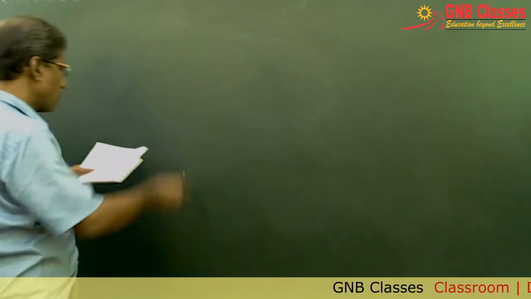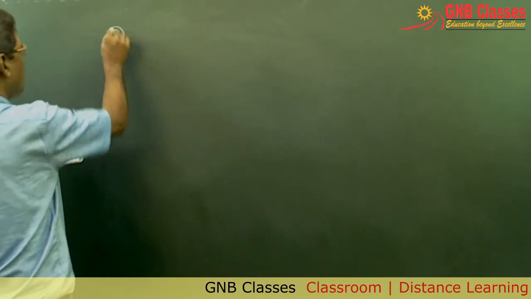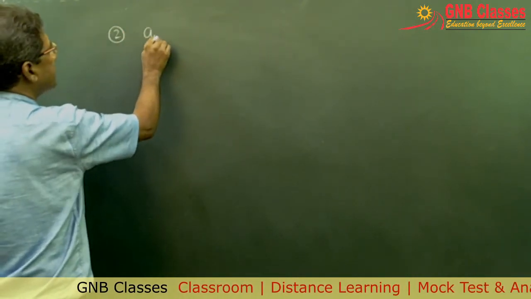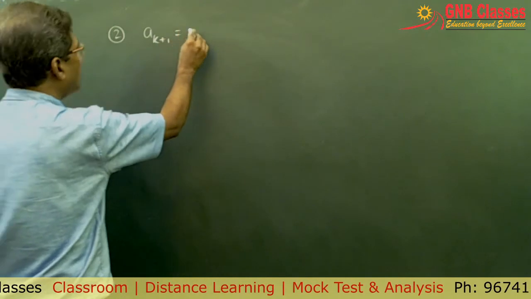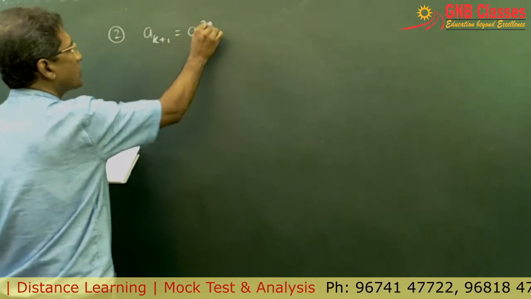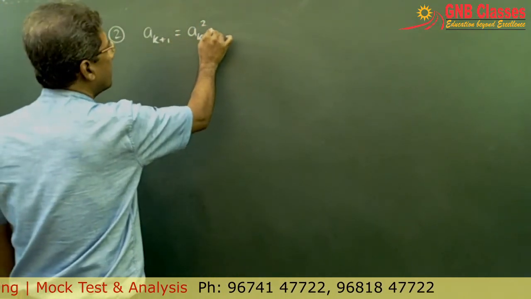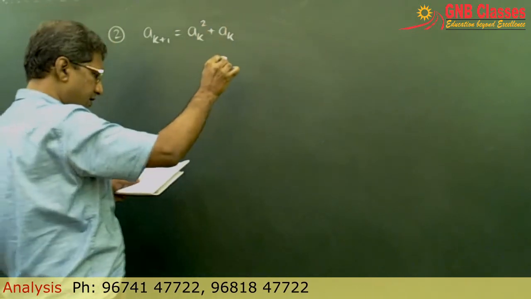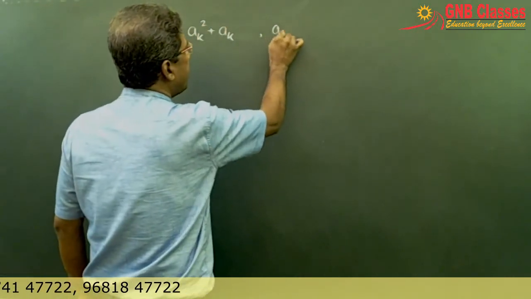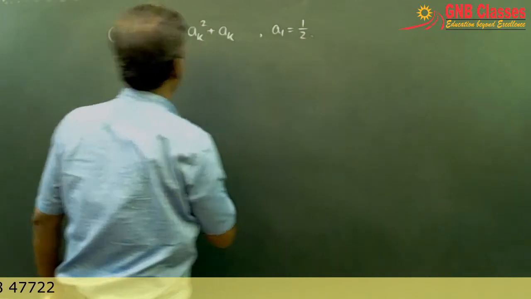In question number 2, they have given us a suffix k plus 1 equals to a suffix k square plus a suffix k, and a1 is nothing but half.